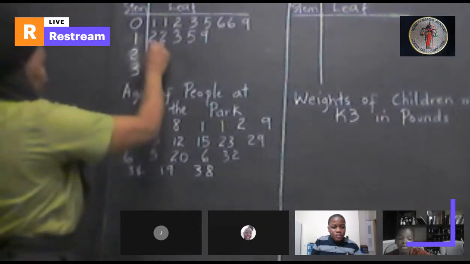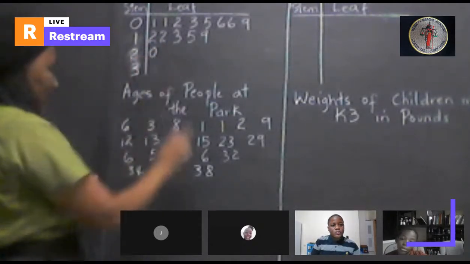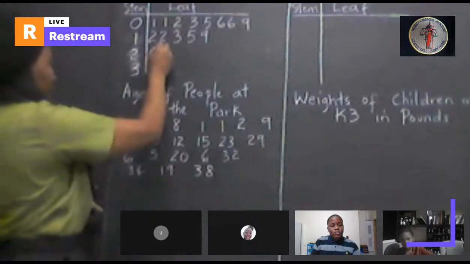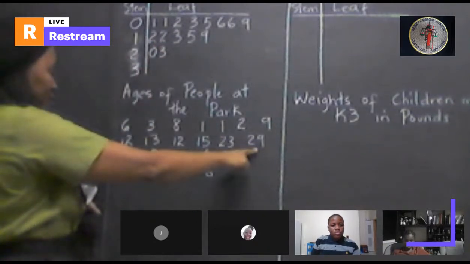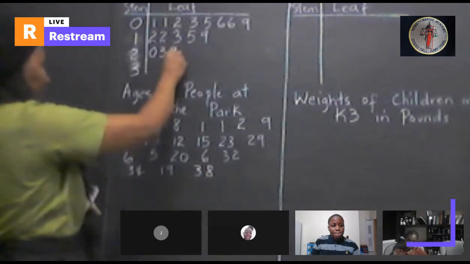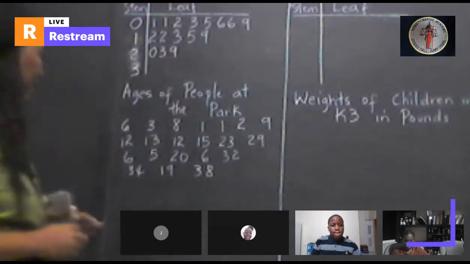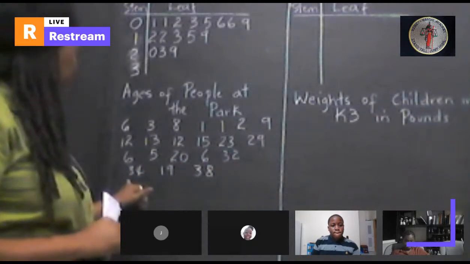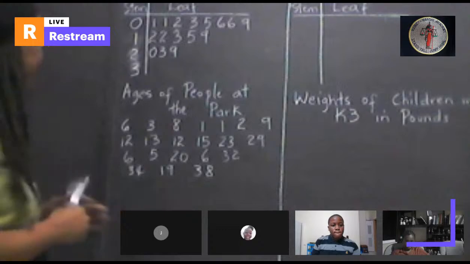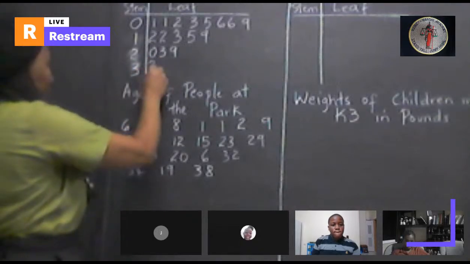So that's 20. And for the 23, I just put a 3. The 29, I just put a 9. And for the 30s, I have 32, 34, and 38. I just put a 2, a 4, and an 8.